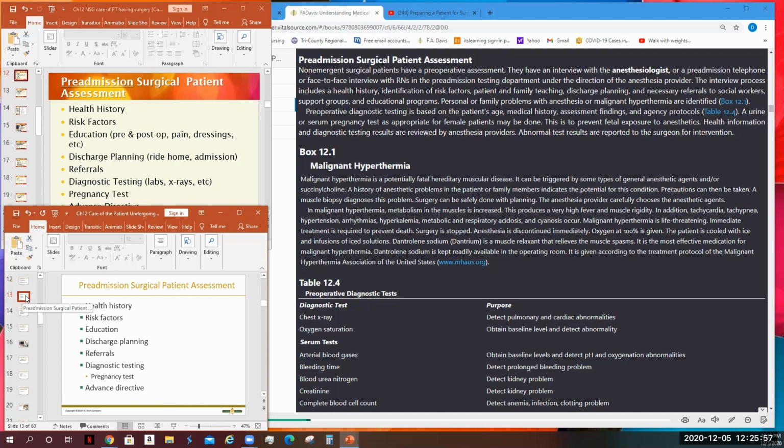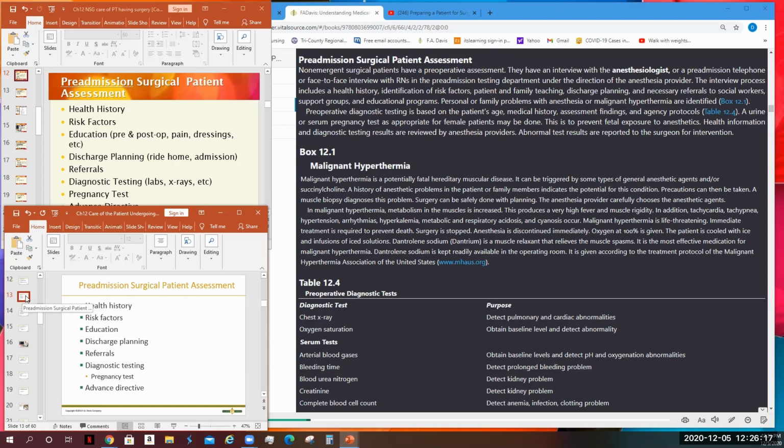Personal or family problems with anesthesia or malignant hyperthermia are identified. Pre-operative diagnostic testing is based on the patient's age, medical history, assessment findings, and agency protocols.